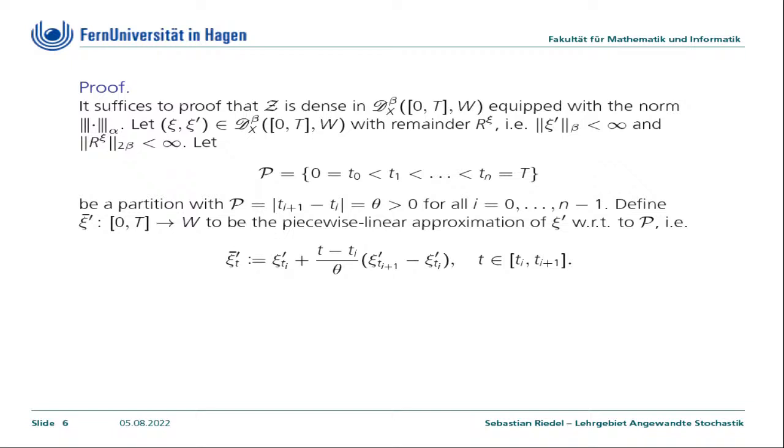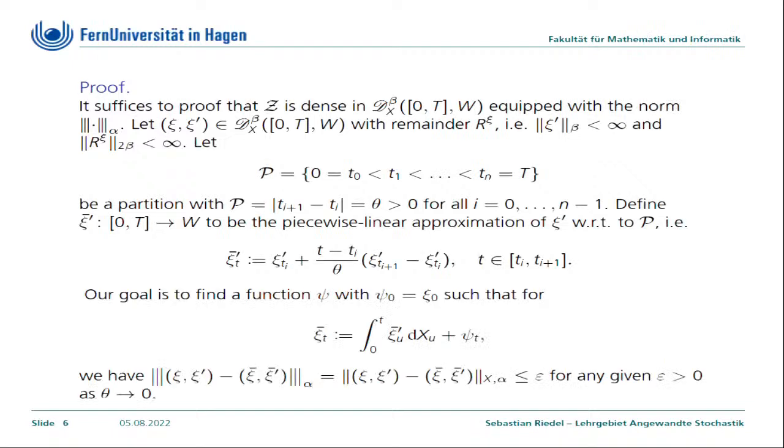The given path was psi and psi prime. We first approximate psi prime, which will be the piecewise linear approximation of psi. And then we also have to say what the psi bar is, the approximation of psi, so we still have to define a psi here.